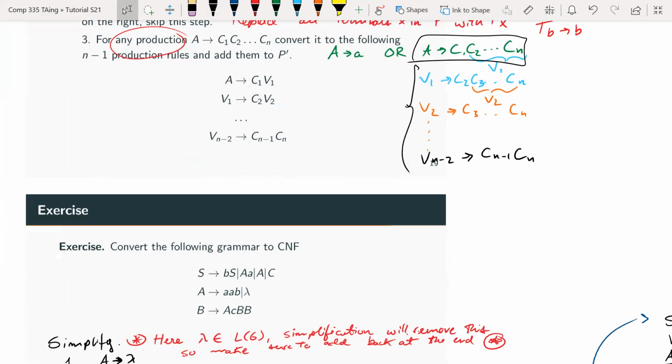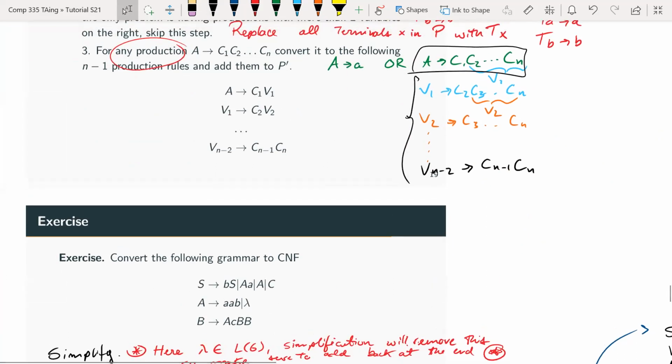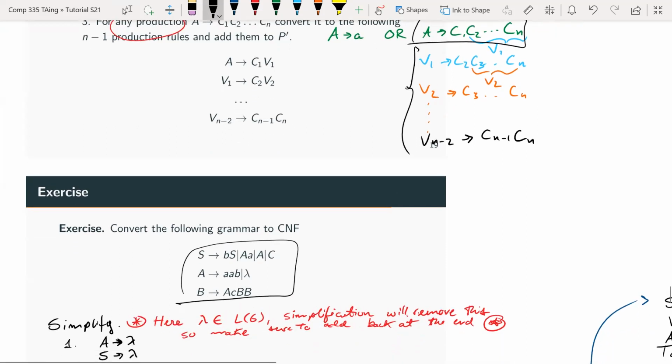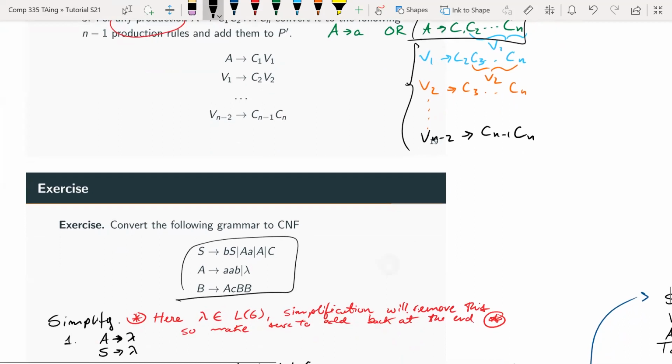Let's do an exercise. So here you have this context-free grammar. In theory, you should simplify it, but for the purposes of time, I simplified it for you.